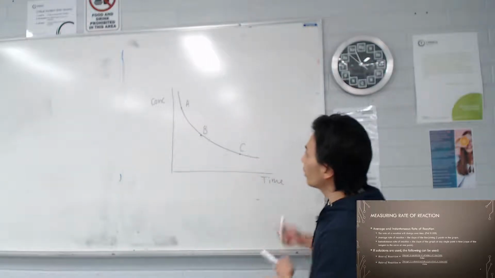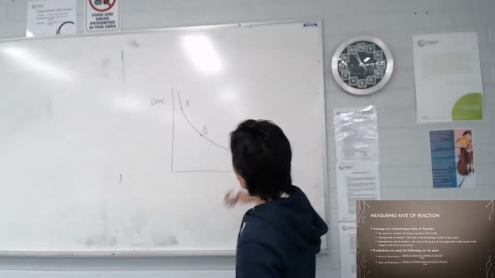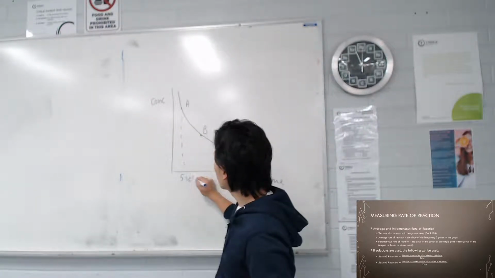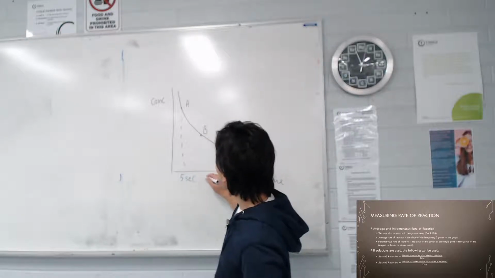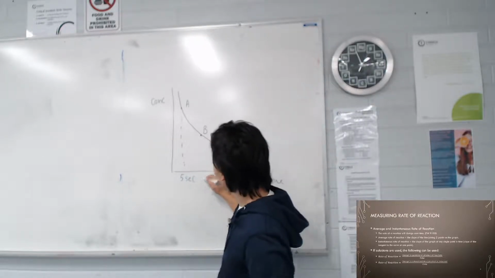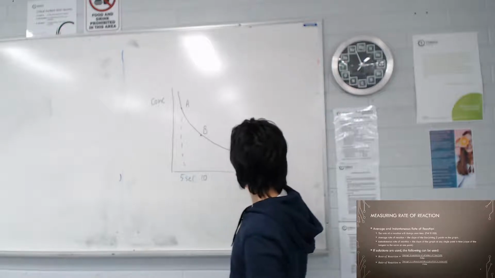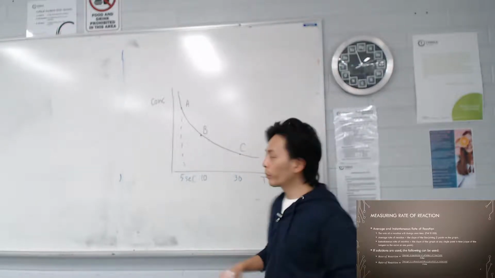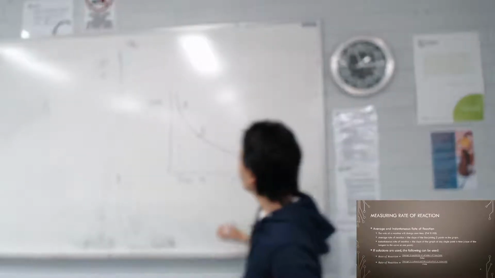So firstly, let's look at average. So if you're looking at say time at 5 sec, and maybe that being 10 seconds, and this being, I don't know, 30 seconds. So 5, 10, and 30.